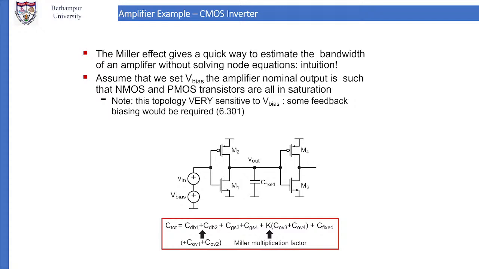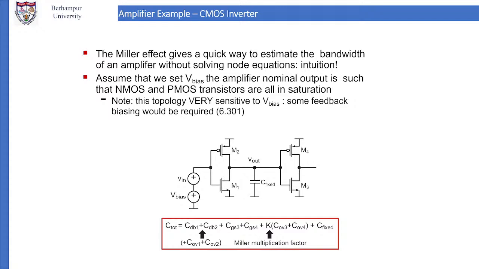Then plus K, the Miller multiplication factor, into COV3 plus COV4, plus the C fixed. So C fixed is there. Then we have the Miller multiplication factor for the capacitance. Then we have the capacitances due to each device.